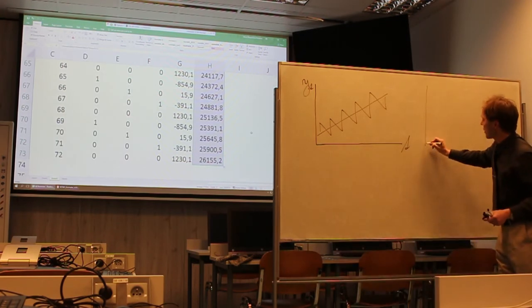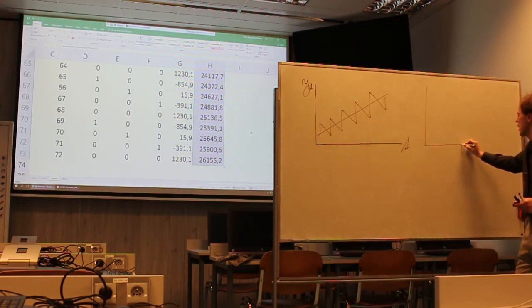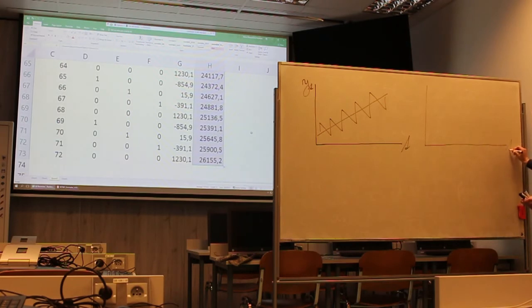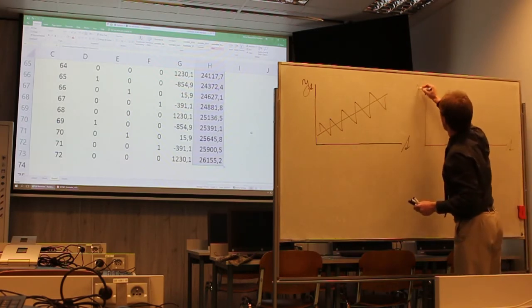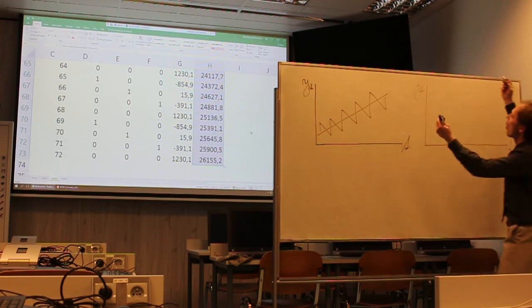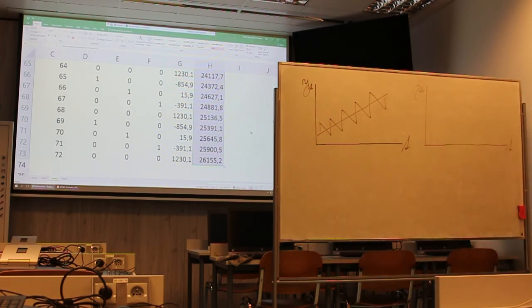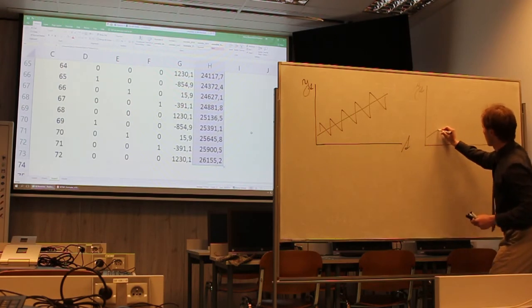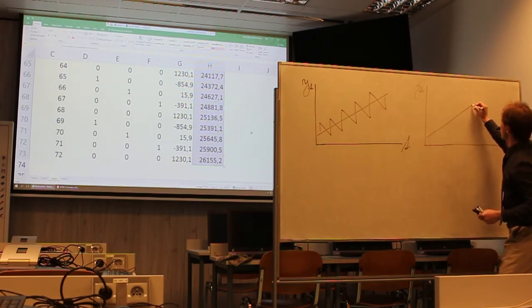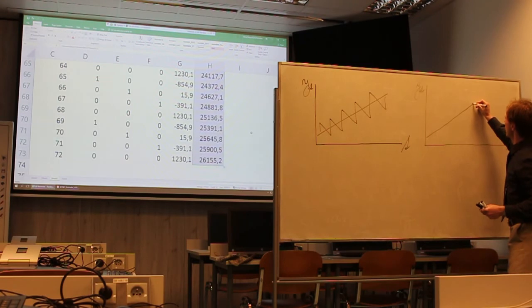We know that our time series probably also contains a macroeconomic cycle, a cyclical component, because there is an increasing trend.